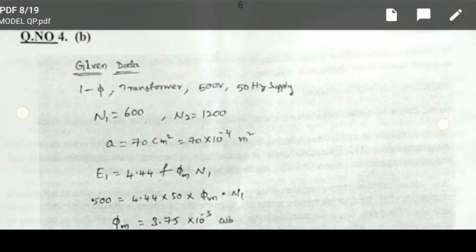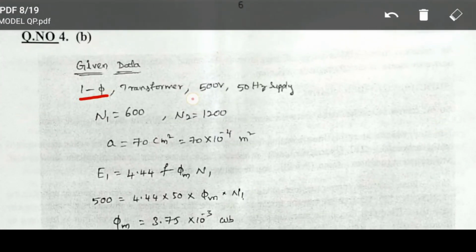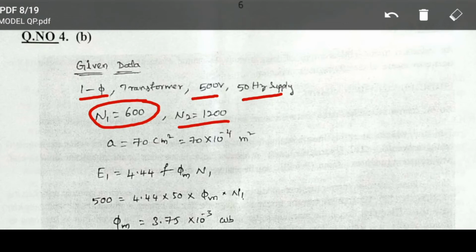According to the given data, it is a single phase transformer with a 500 volts and 50 Hz supply. The number of turns in primary is 600, and N2 is 1200. The cross sectional area of the core is 70 square centimeter, which we have to convert to square meters, that is 10 power minus 4.